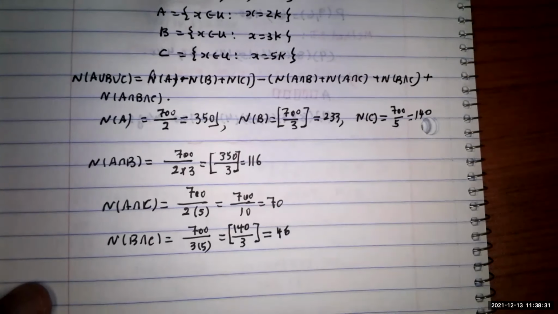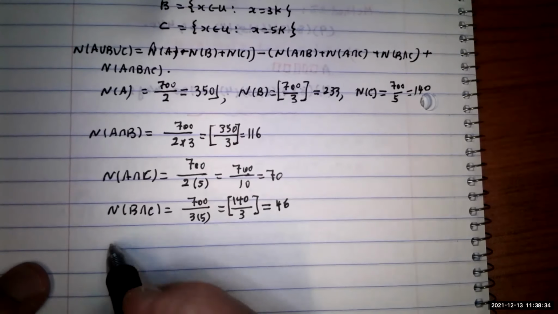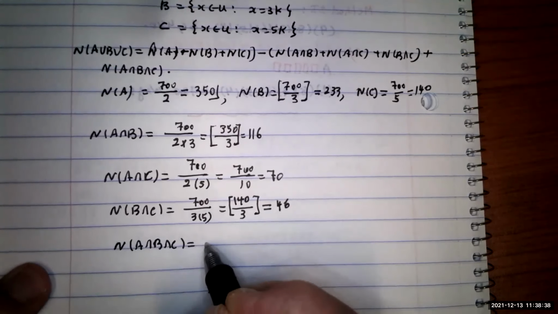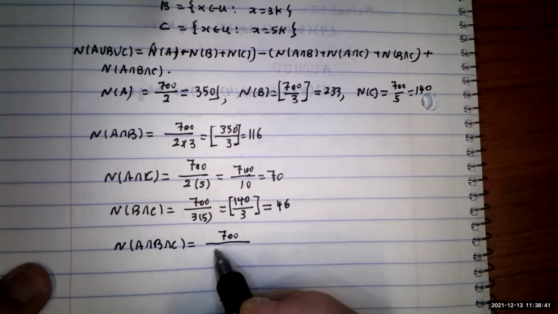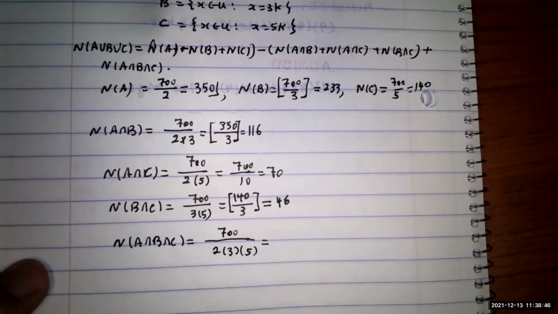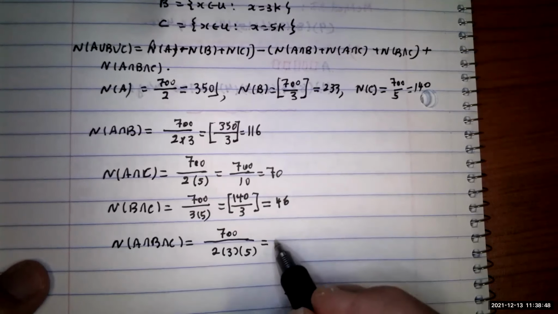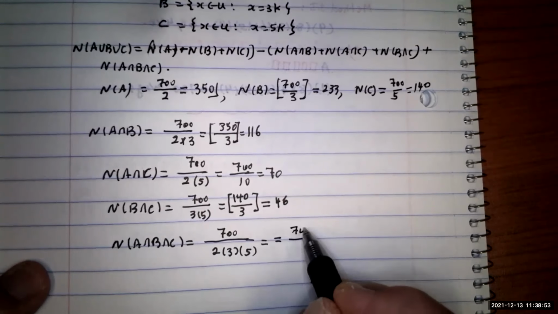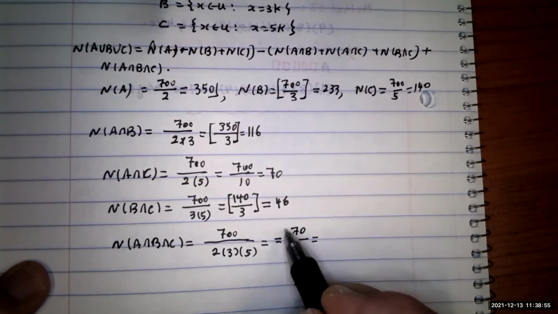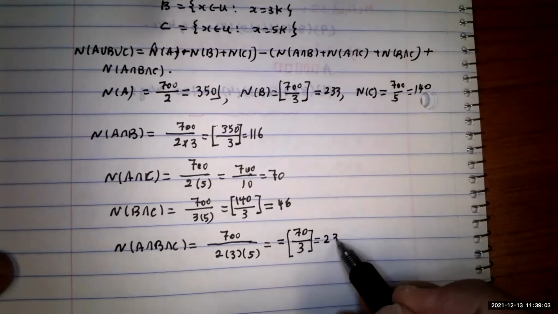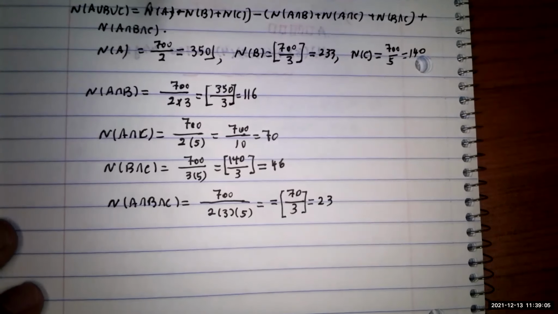So 46 is for B intersect C. And then we identify A intersect B intersect C, which is 700 divided by 2 times 3 times 5. So you simplify 2 times 5 would be 10. That gives you 70 over 3, and it's not divisible. So we use the bracket to get this one to be equal to 23. This is the way you are going to evaluate it.